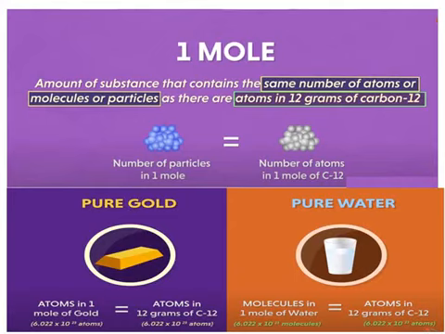It is 6.022 into 10 to the power 23 atoms, which is nothing but the Avogadro's number. So when you take any number of particles in 1 mole, that is also equal to the same Avogadro's number. Therefore, the definition goes hand in hand. Both of them are equal.